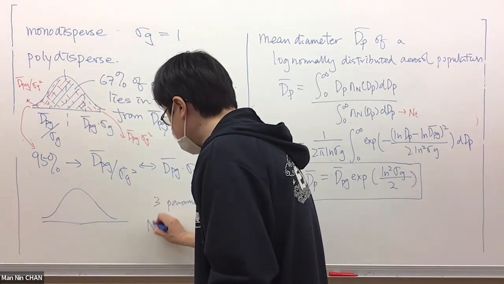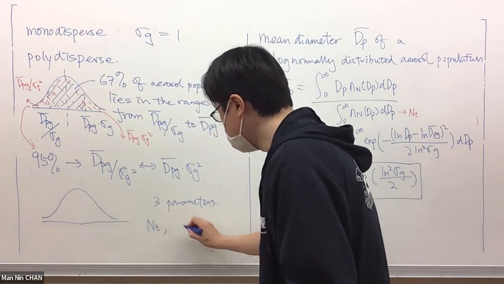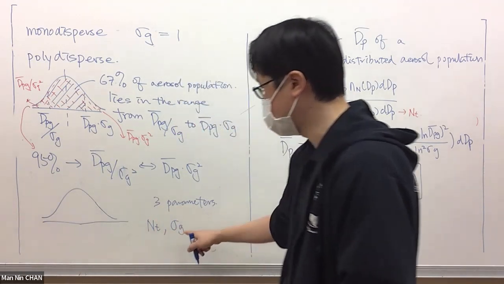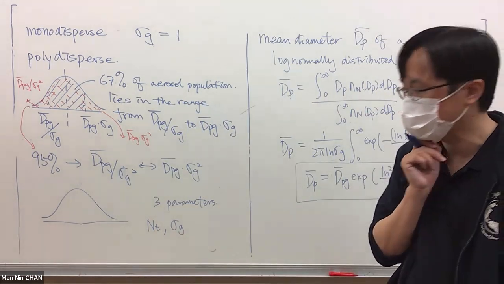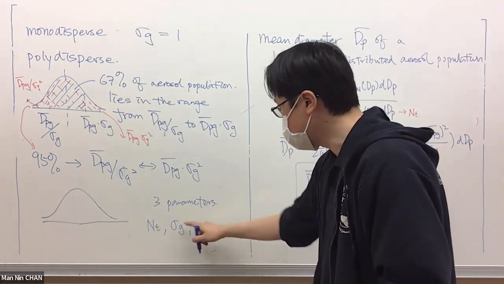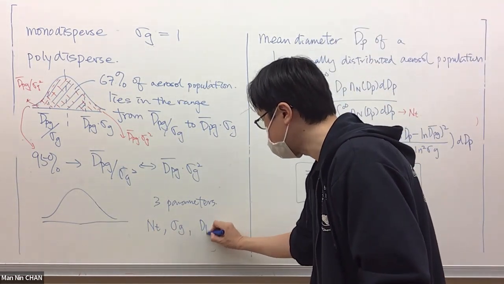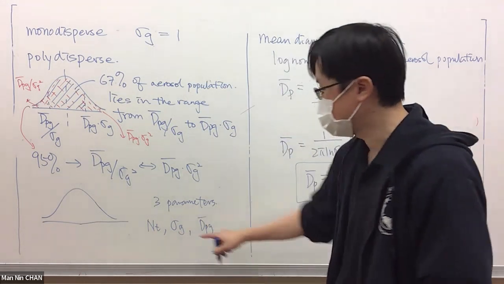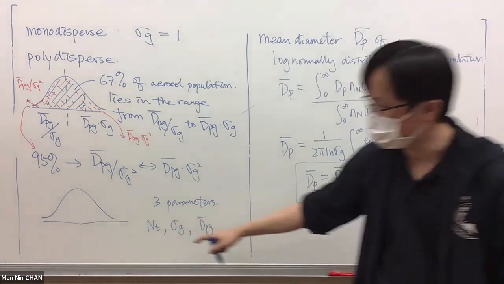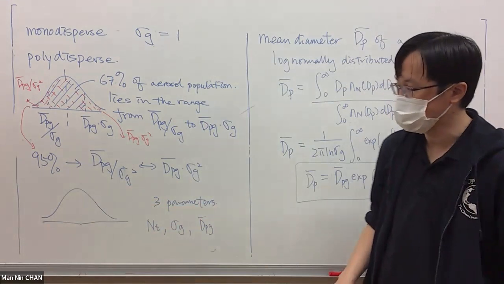That means you just need to know the NT, your sigma g, which is your geometric standard deviation, and also the median diameter. You just need these 3 parameters, and then you can describe your aerosol population.